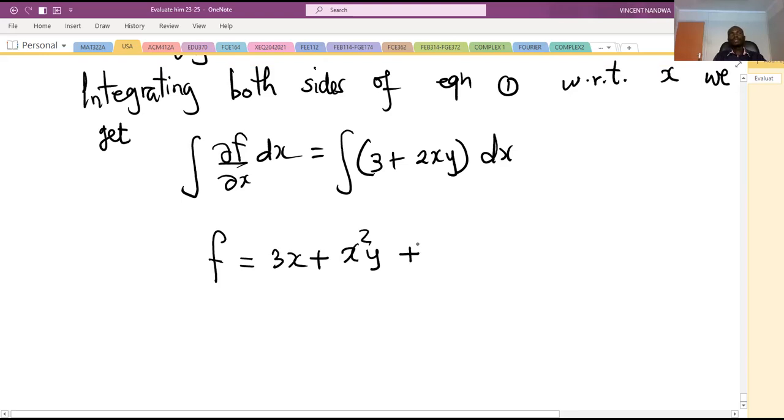But now this constant of integration, we write as a function of y. So call it g of y. Call this equation 3.